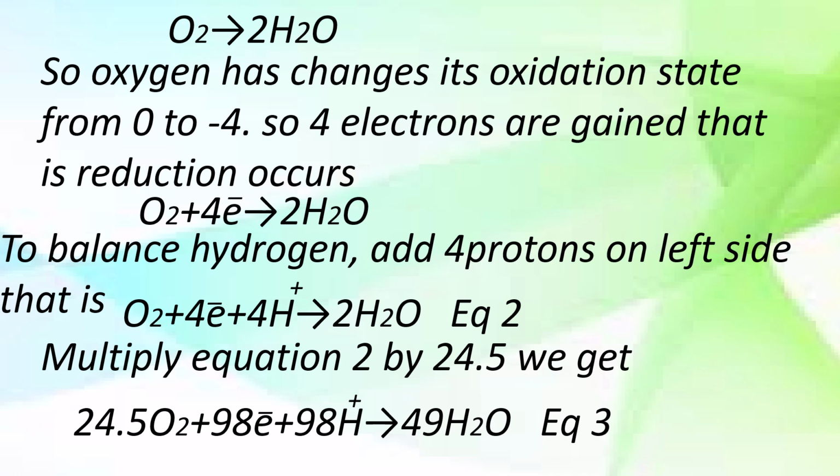Because we have to cancel the electrons, we will put 98 electrons on one side in one equation and on the other side in the other equation. After multiplying, we get 24.5 oxygen plus 98 electrons plus 98 protons gives us 49 water molecules. This is equation number 3.